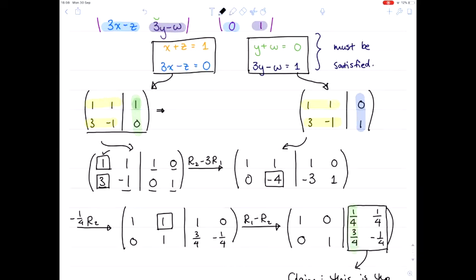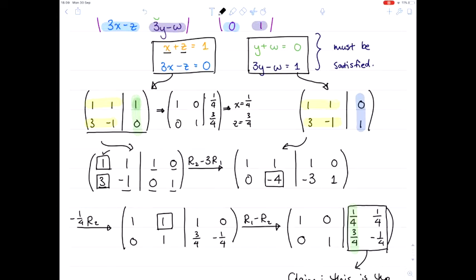So we would have Gauss reduced until we got 1, 0, 0, 1, 1 over 4, 3 over 4, which would have told us that if we look here, our variables were x and z, which would have said that x is equal to 1 over 4 and z is equal to 3 over 4.